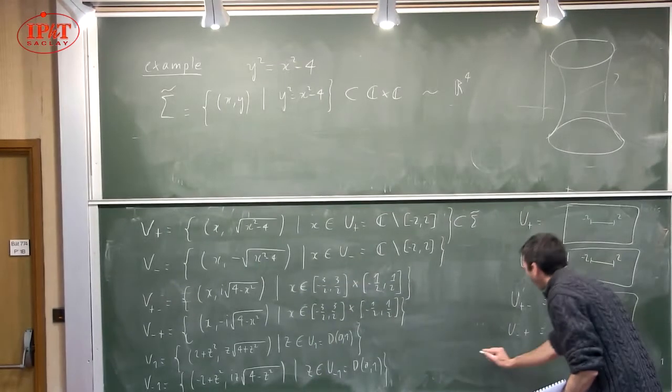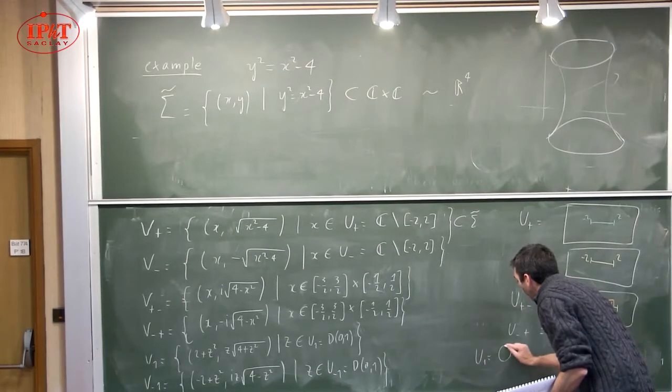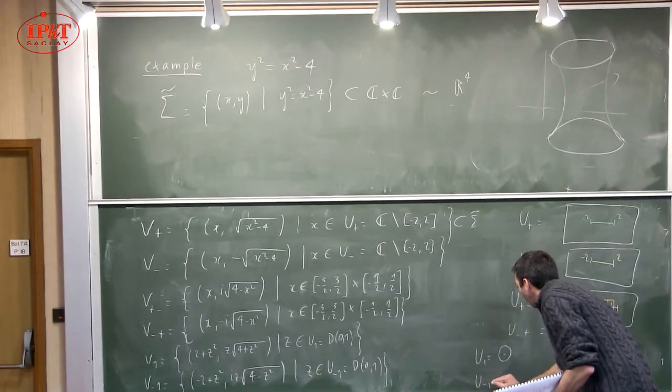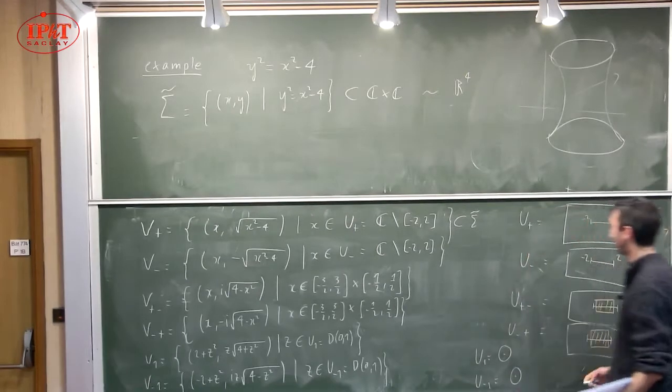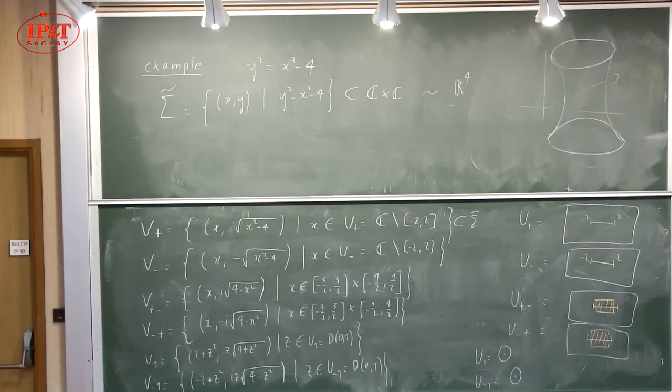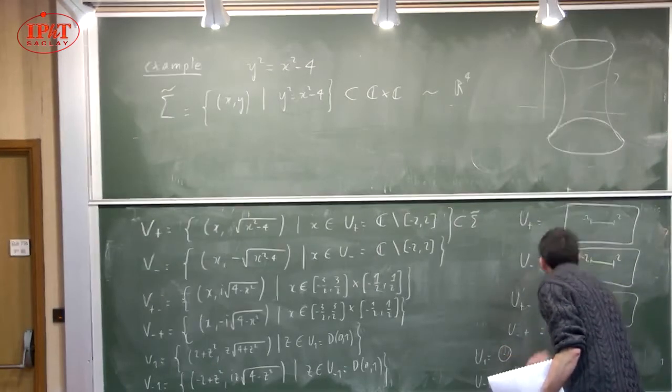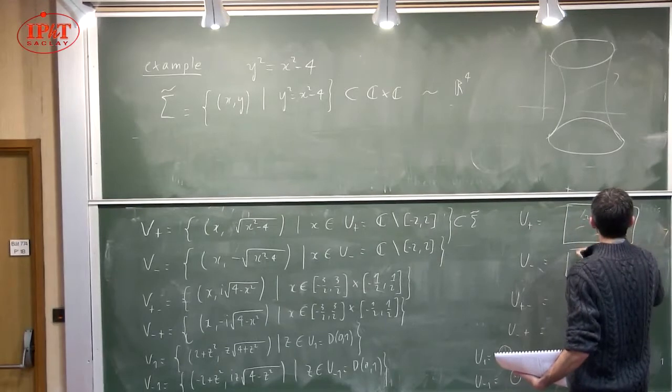So U1 is just a disk, and U minus 1 is just a disk. So here this is it. Here it's the exterior, and here is the exterior.